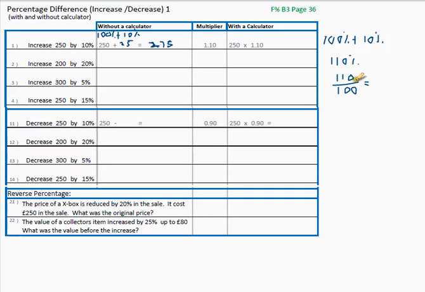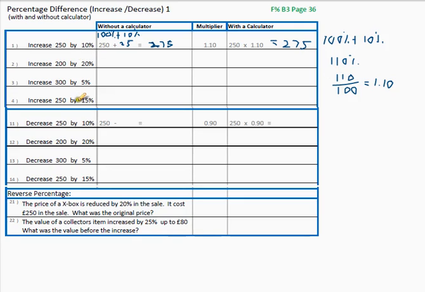Move the point back, 1.10. So my multiplier is 1.10. It's basically 100% plus 10% divided by 100. In other words, on your calculator, do 250 times 1.10 and see if you get the same answer. If you do, you did that calculation correct.